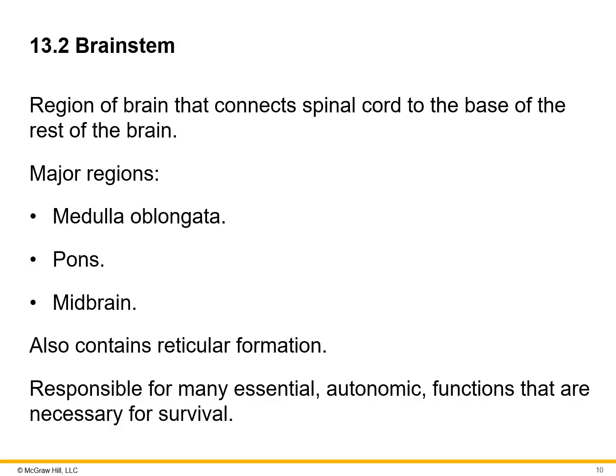All right, now if we look more at what these parts of the brain are doing. If we start with the brainstem, this connects the spinal cord to the base of the brain. We have the medulla, the pons, and the midbrain, and also the reticular formations that move throughout. So it's involved in a lot of our essential and autonomic reflex actions that are necessary for survival.